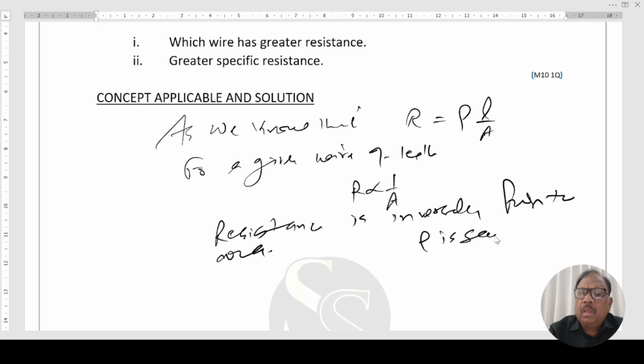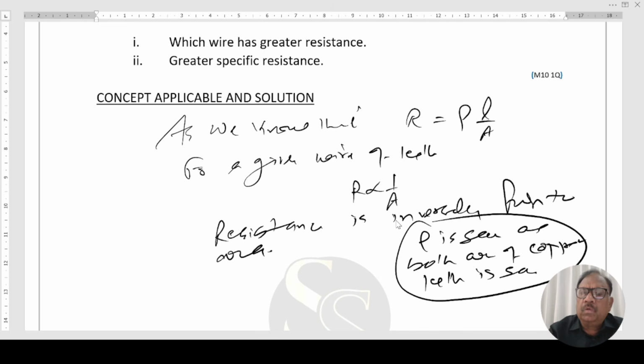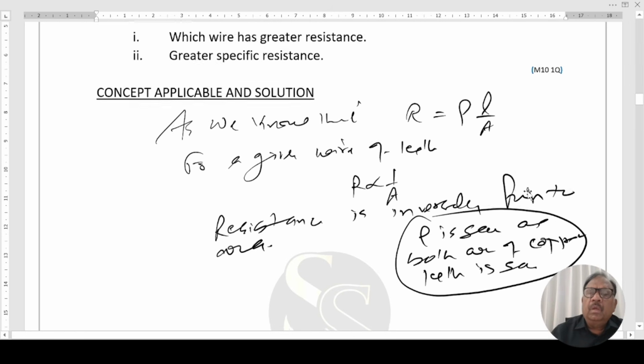Rho is same as both are of copper. Length is same. All taken into the constant of proportionality.